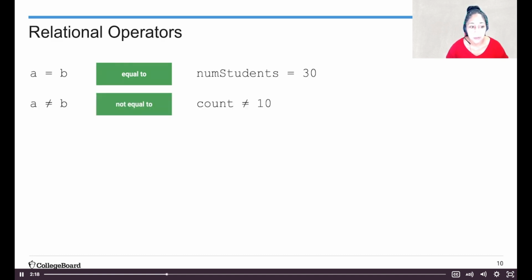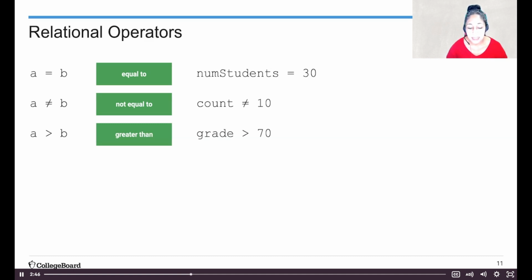I could also use the not equal sign, the equal sign with a slash in it, to evaluate whether or not two values are not equal to each other. Depending on the programming language that you're using, this not equals might look different, but essentially we're still testing the same thing. For my example, is count not equal to 10?